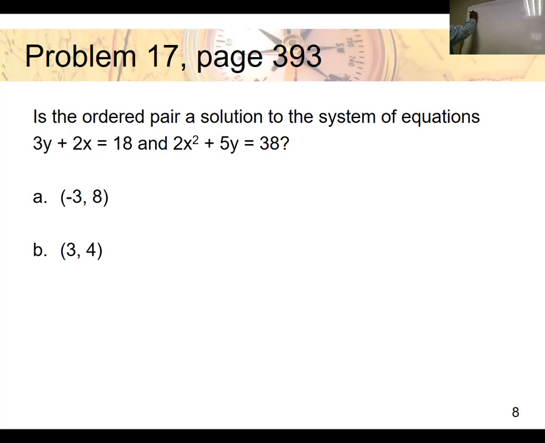I want to know if each one of those ordered pairs satisfy that system of equations. So in this case here, we'll start with part A, which has the ordered pair -3 and 8.